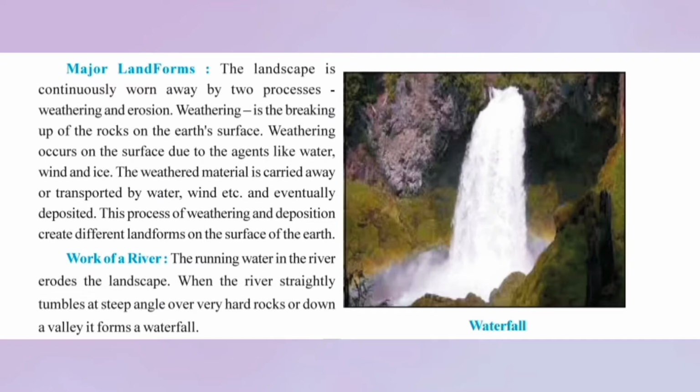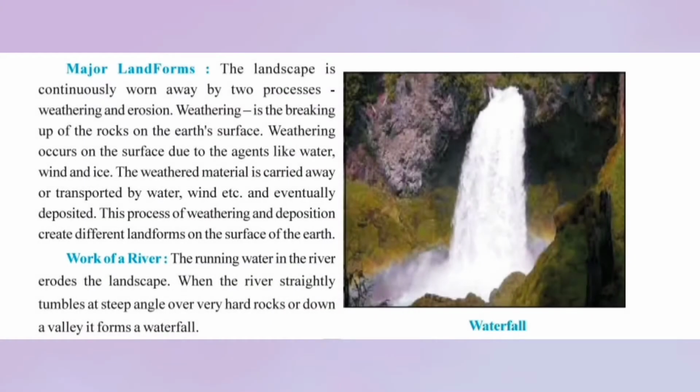Ice takes away the entire soil once it starts melting and turns into water. The eroded material is carried away or transported by water, wind, etc., and eventually deposited. Now we understand the meaning of erosion and deposition.